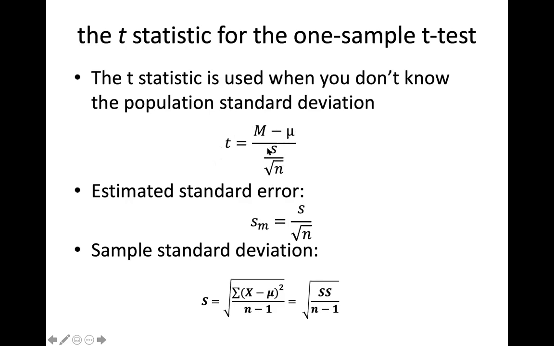Does anyone remember? You see that we have an S right here now. When we were calculating the z statistic, we didn't have an S right here. What did we have instead when we were calculating the z statistic? Anyone remember? Standard error. Yeah, the whole thing was called the standard error. But if you break down this whole thing called the standard error, what was the top part of the standard error?